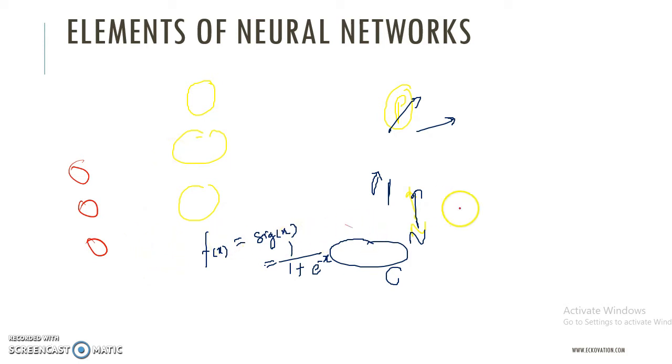So here we have the function f(x), and the formulation is 1 upon 1 plus e to the power minus x. Once we fetch the data through this function, the output comes.